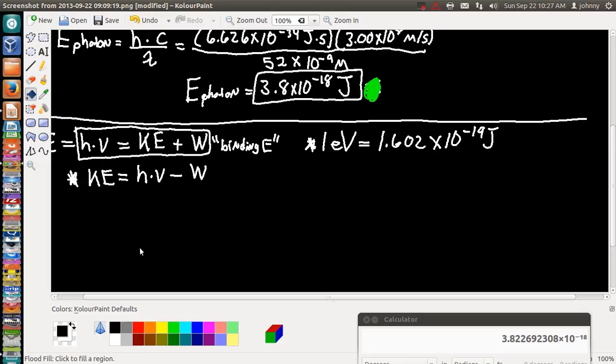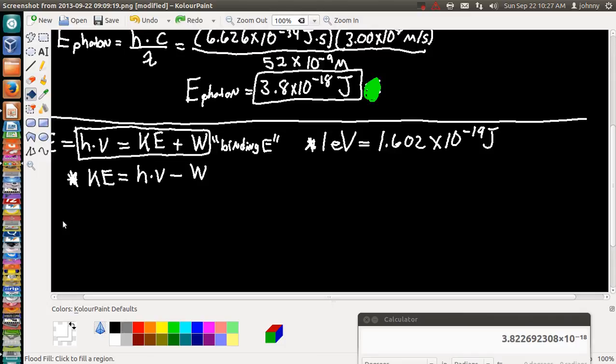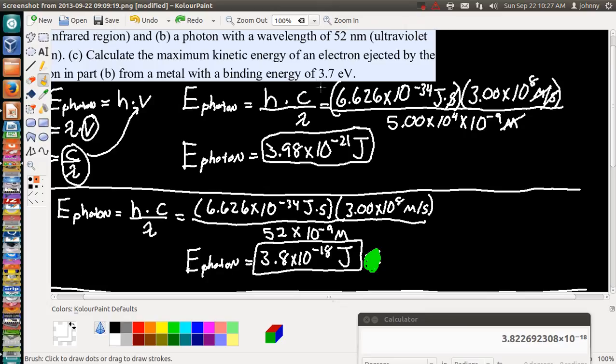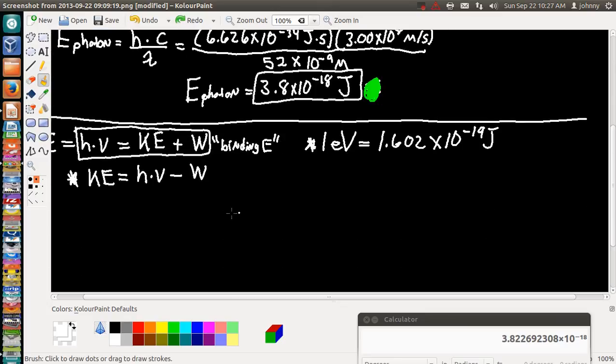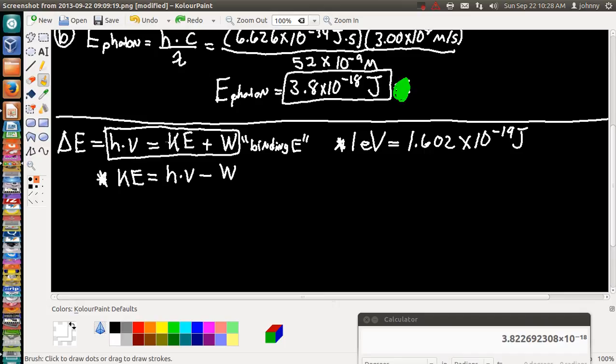Alright, so let's go ahead and do that. Now they gave us in the problem 3.7 electron volts, right? Well, looking back, it says 3.7 electron volts. So yes, let's convert that. We have 3.7 electron volts that we need to convert into energy.